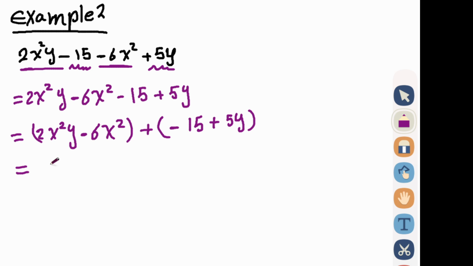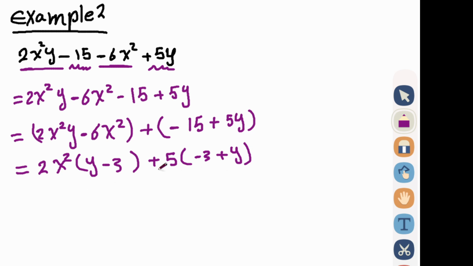Here, the greatest common factor between these two terms is what? It is 2 for the numerical term and x squared for the algebraic term, and the remainder is y minus 3. The common factor between negative 15 and 5y is 5, and the remainder is negative 3 plus y.